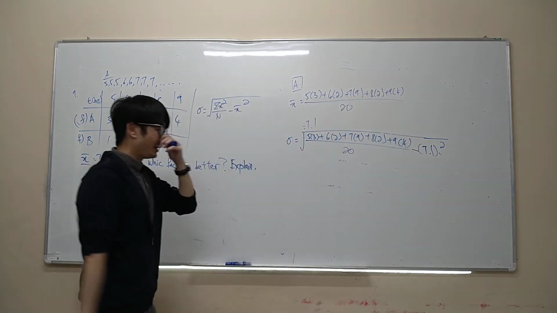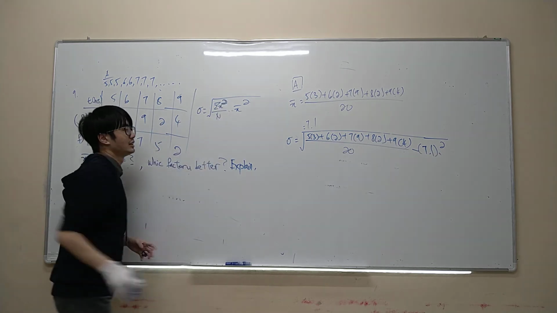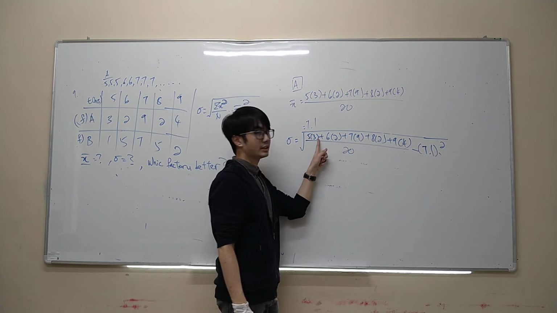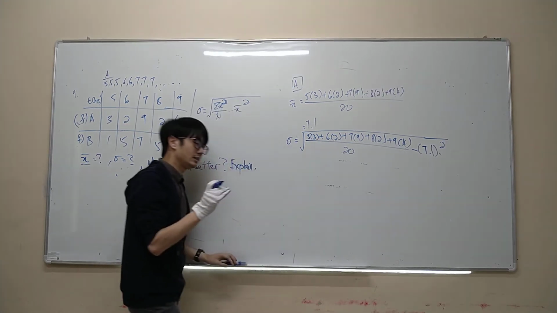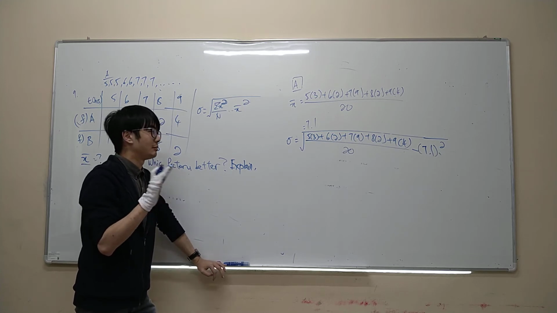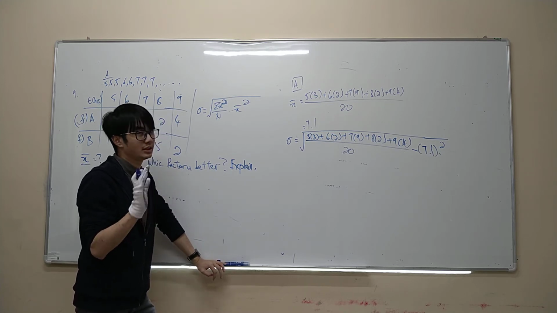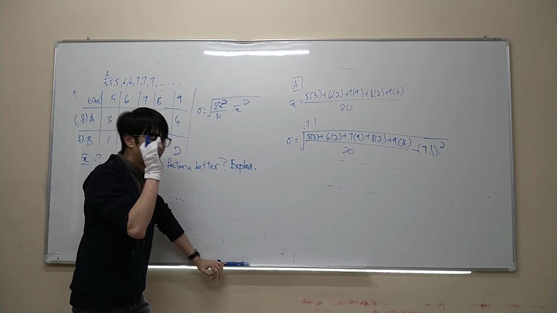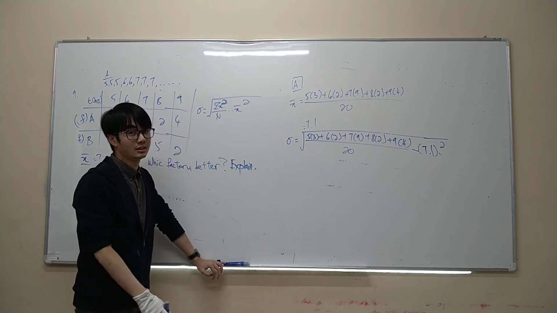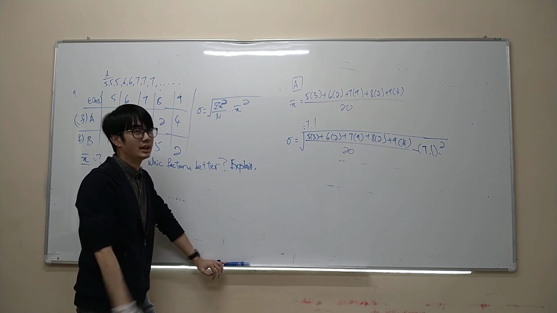But you need to add square. The question is, where do you add the square? At the 5 or at the 3? Remember this class, I already did this with you in normal class, but I'm sure some of you already forgot. Never ever add square at the frequency.